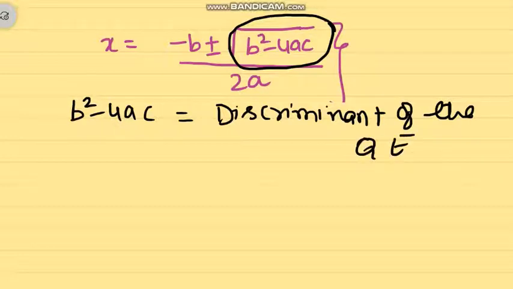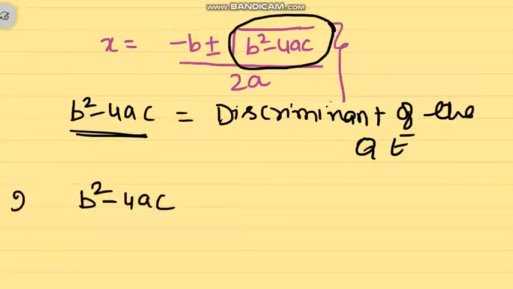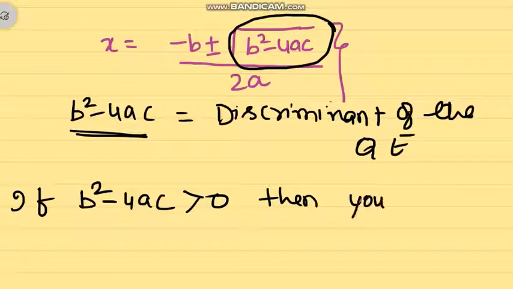Now if this discriminant is greater than 0, if b square minus 4ac is greater than 0, then you have two real roots.